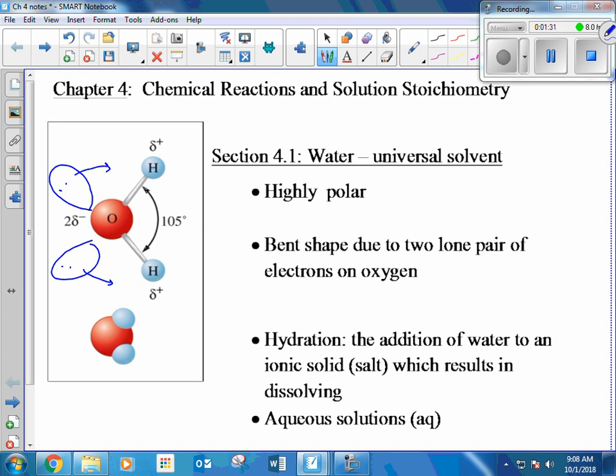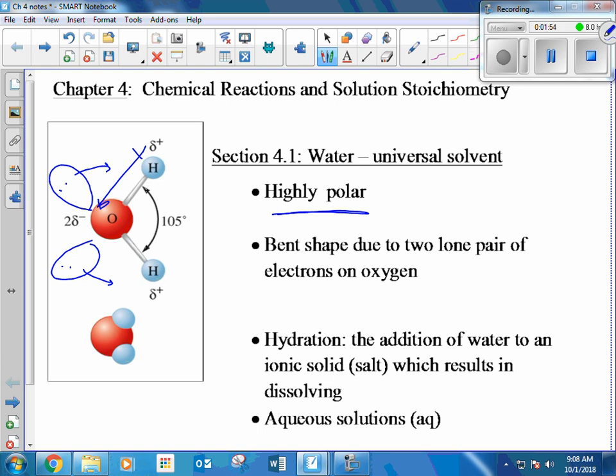We also did electronegativity lines where we had the positive sign on the hydrogen and the oxygen is more electronegative, and so the pull was to the center, making an uneven charge, and that gives it its bent shape. So again, it's highly polar because of the positive and negative ends, and the bent shape due to those lone pairs of electrons that we just drew in there.